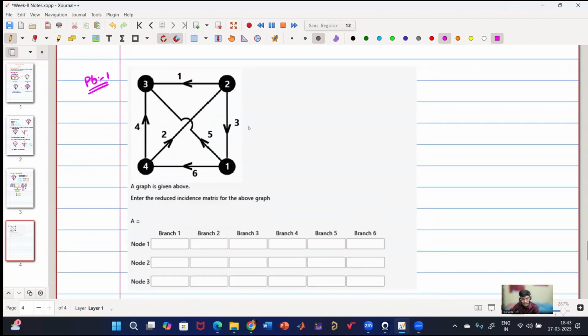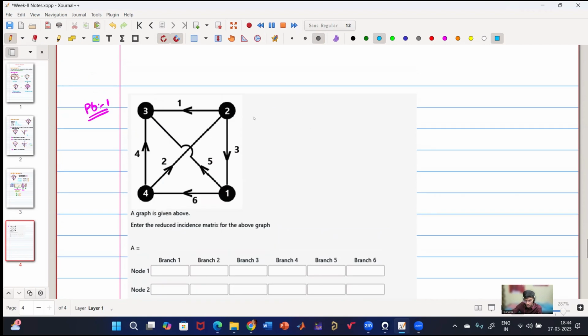Okay, so let us apply KCL at node 1. Let me redraw it so that I can make some changes. If you see here, nodes are also 1, 2, 3, elements are also 1, 2, 3, which I don't like. So I'll write in a different way. Let me redraw the graph. So here 1, 2, 3, 4.